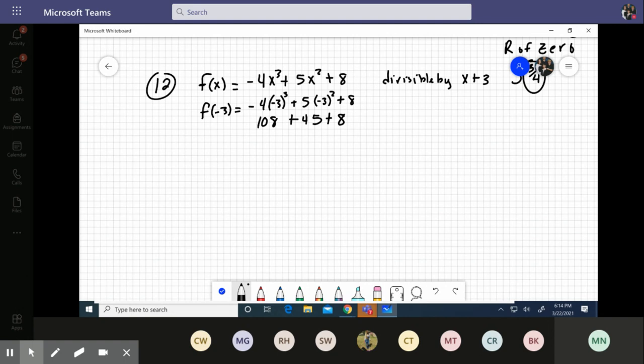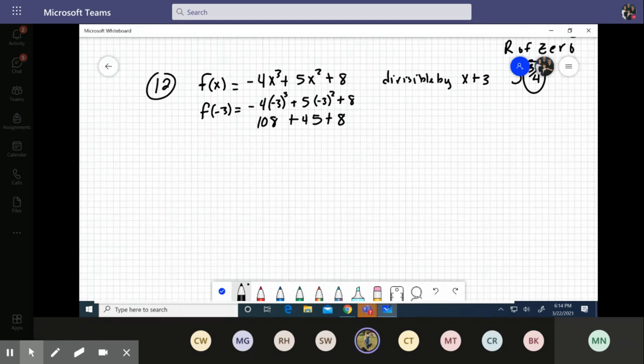Negative 3 is negative 27 times negative 4. That's got to be a 108, doesn't it? No, because that's a squared. So that would be 9 times 5 plus 8. I am not seeing my error.